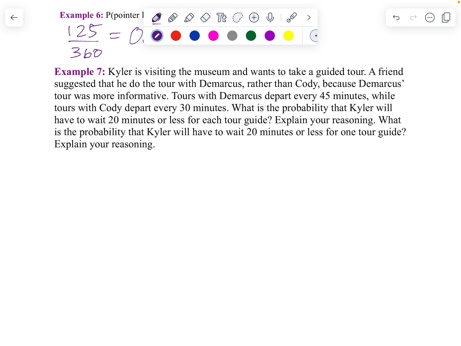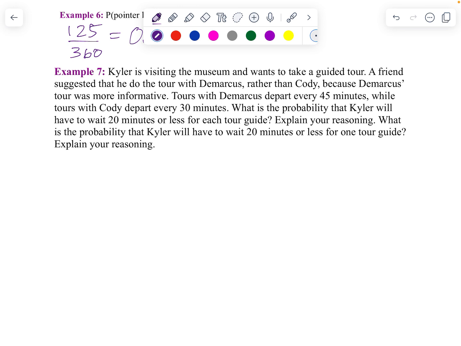Tours with DeMarcus depart every 45 minutes, while tours with Cody depart every 30 minutes. That kind of makes sense because DeMarcus is more detailed. His is going to take longer. And I want to know, first of all, what's the probability that Kyler will have to wait 20 minutes or less for each guided tour?